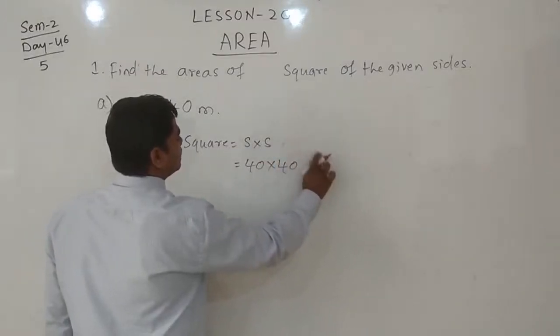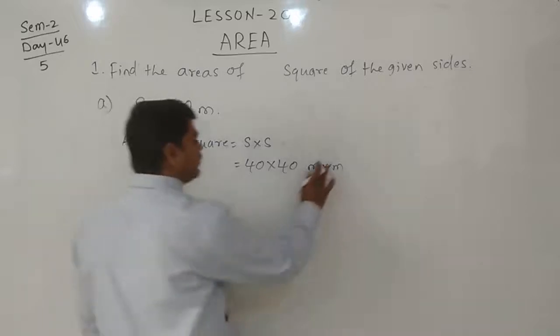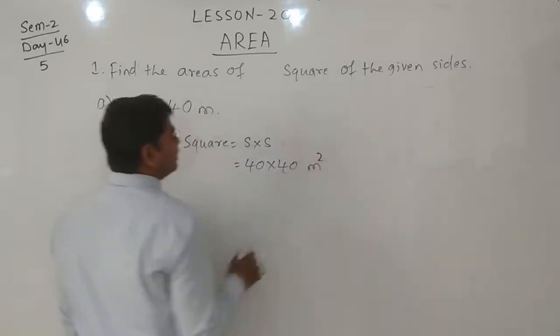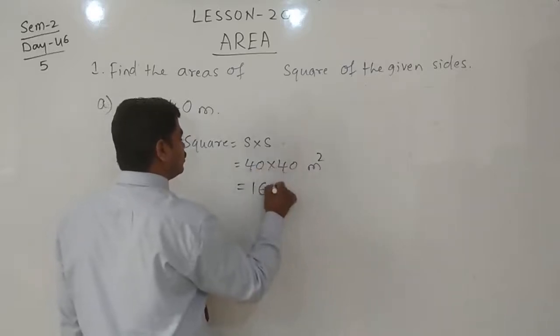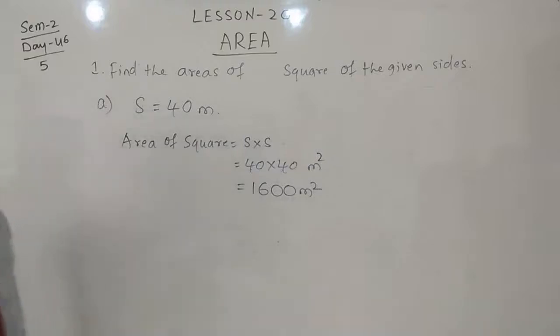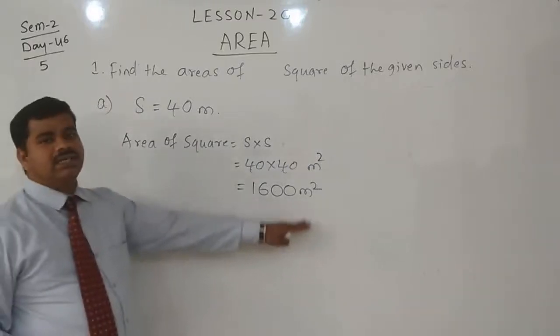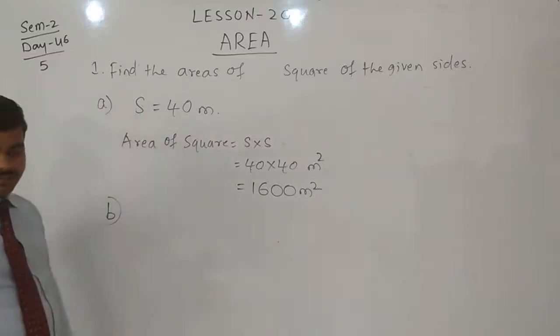Meter into meter is nothing but meter square. 4 fours are 16, 2 zeros you insert. This is 1600 meter square, the area of a square having side 40 meter.